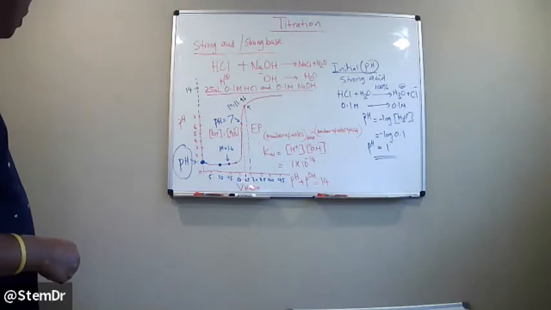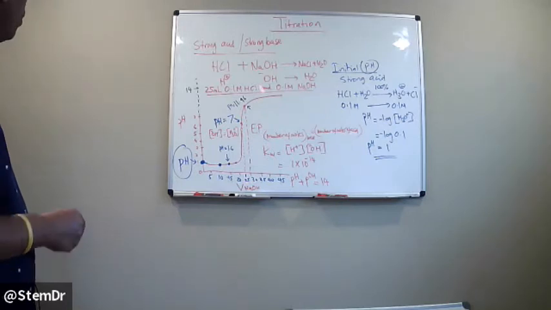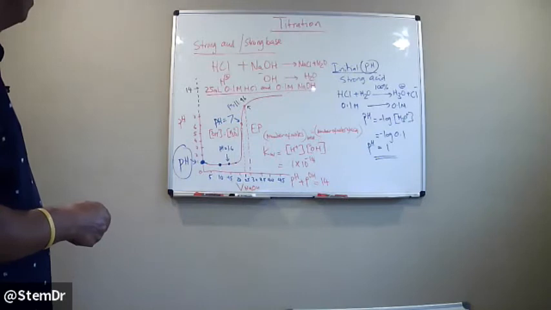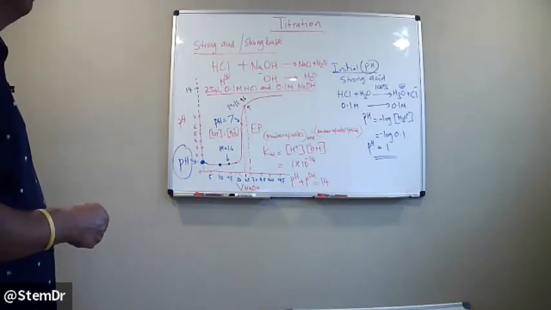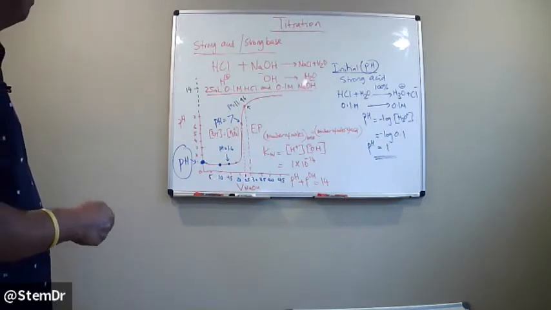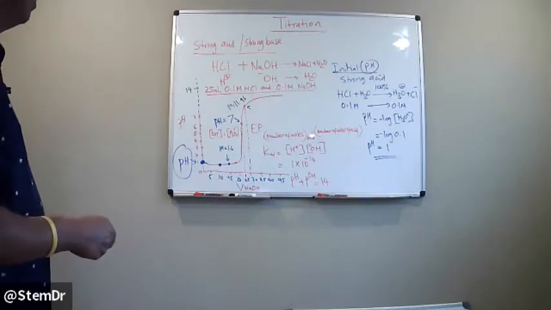So now here for example, an equal number of moles of sodium hydroxide and HCl would be reached when you are adding 25 ml of 0.1 molar sodium hydroxide. Even though I didn't mention it here, if you multiply 25 ml times 0.1, you'll have 2.5 millimoles.